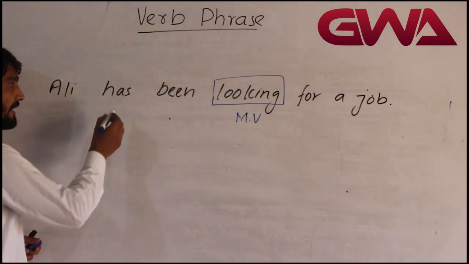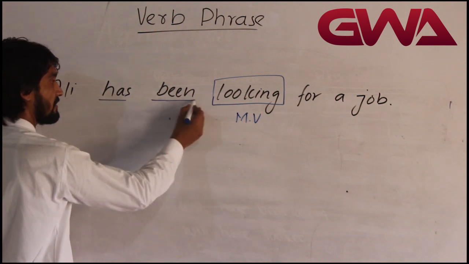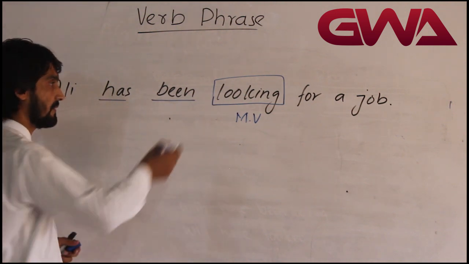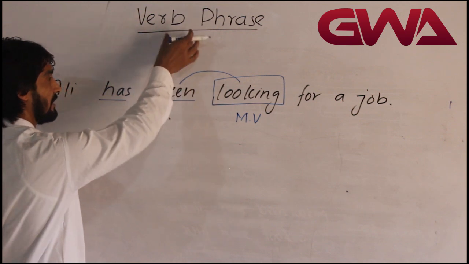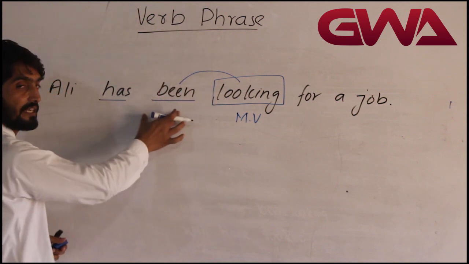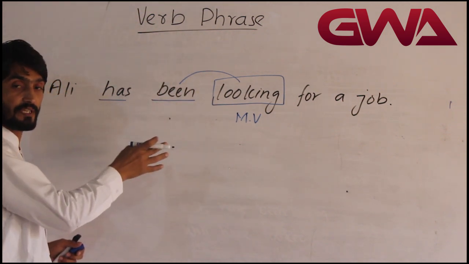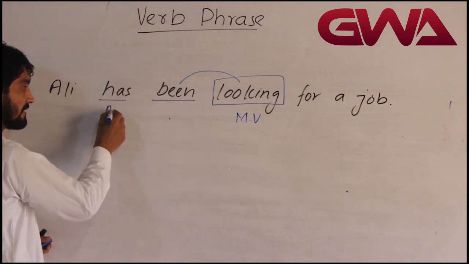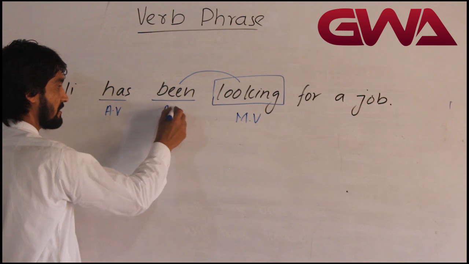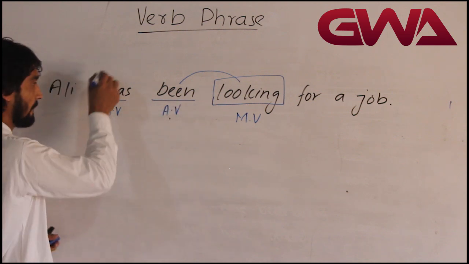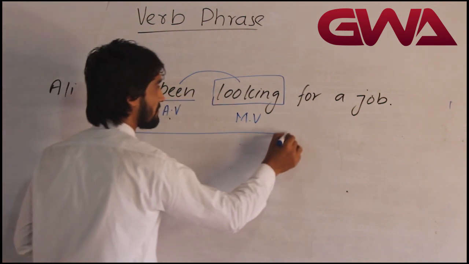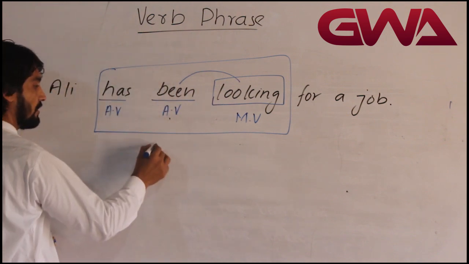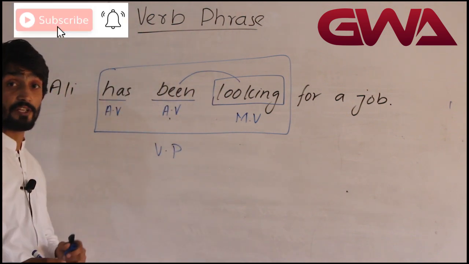Now, if we have an auxiliary verb before the main verb, that will make a verb phrase. So in this case, we have present perfect continuous tense. So we have two helping verbs. Has is an auxiliary verb. Been is also an auxiliary verb. So auxiliary verb plus main verb is called verb phrase.